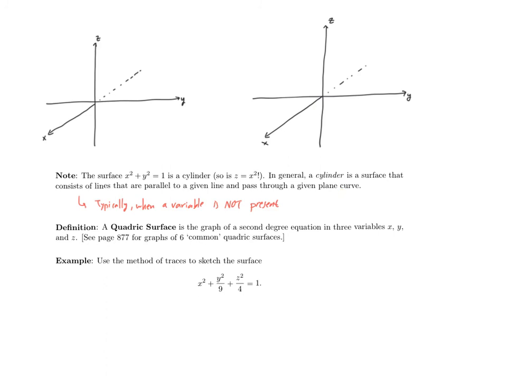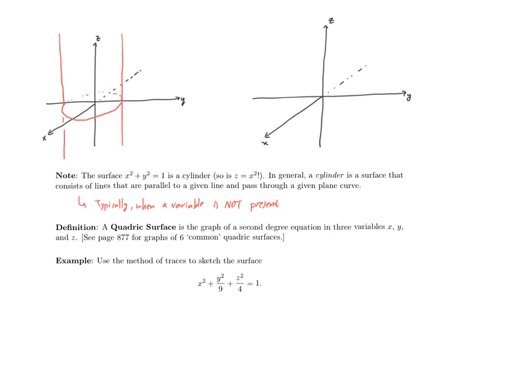So with the example we had of x squared plus y squared equals 1, we have this curve, which is our plane curve. It sits in the xy plane. And then we want all lines that go through that curve and are parallel to the z-axis.